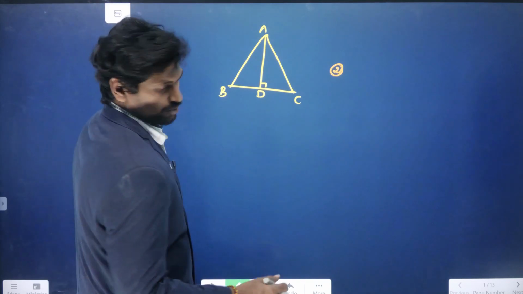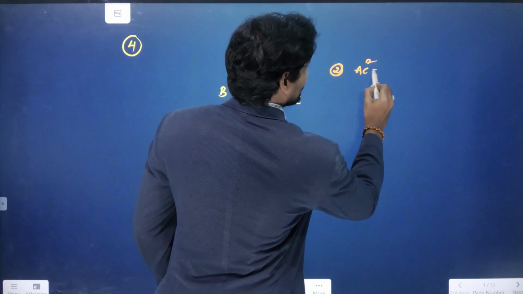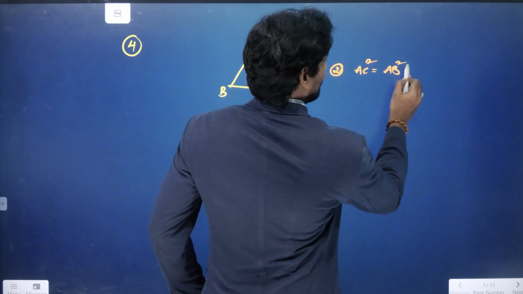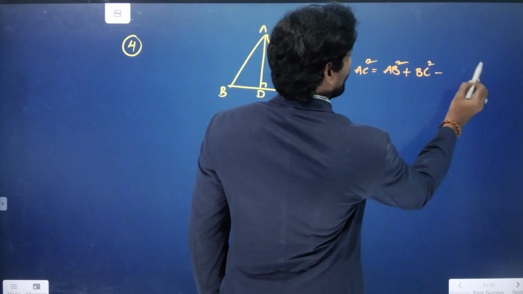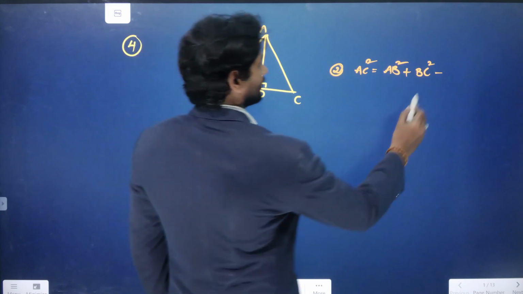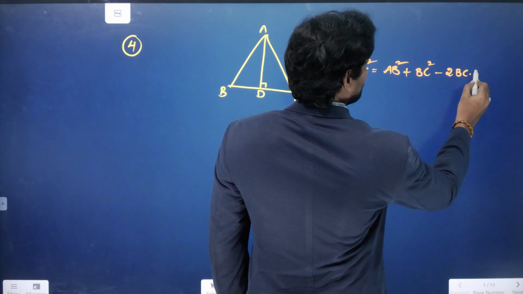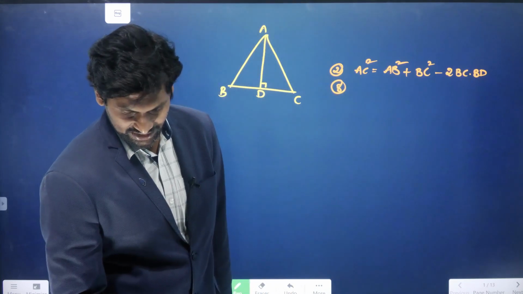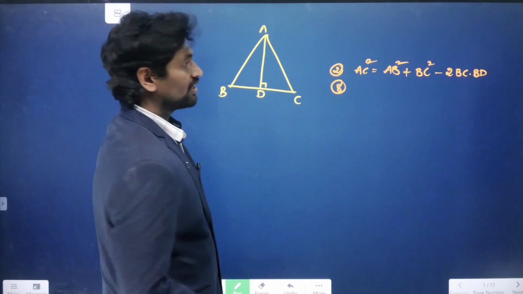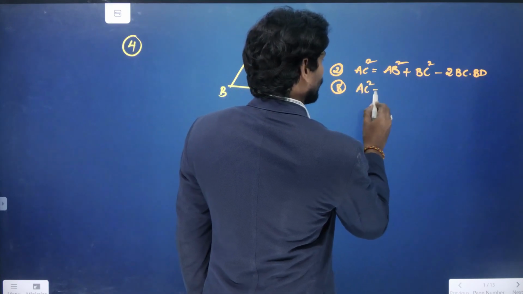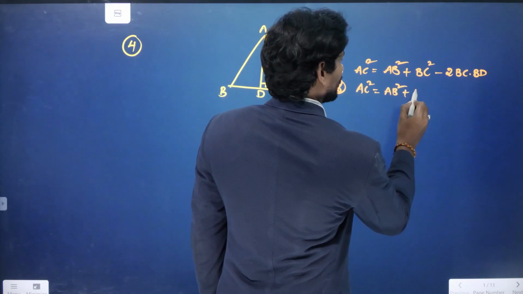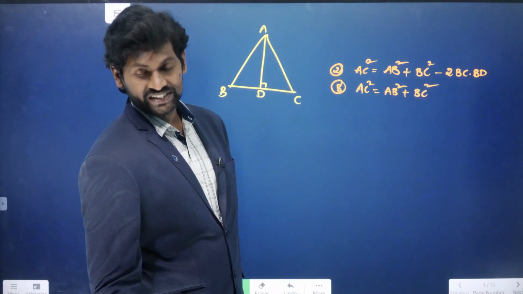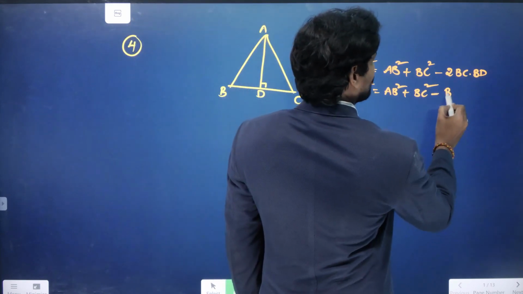Second option, AC square equals AB square plus BC square minus 2BC BD. Now let us go to the third option. Option number 3 is AC square equals AB square plus BC square minus BC into BD.